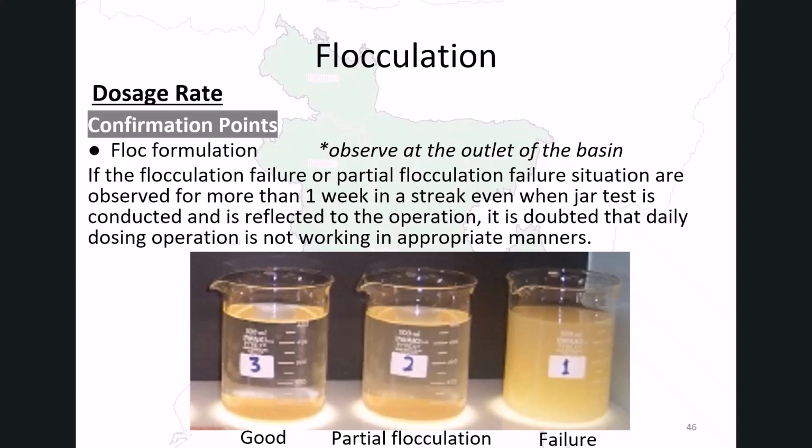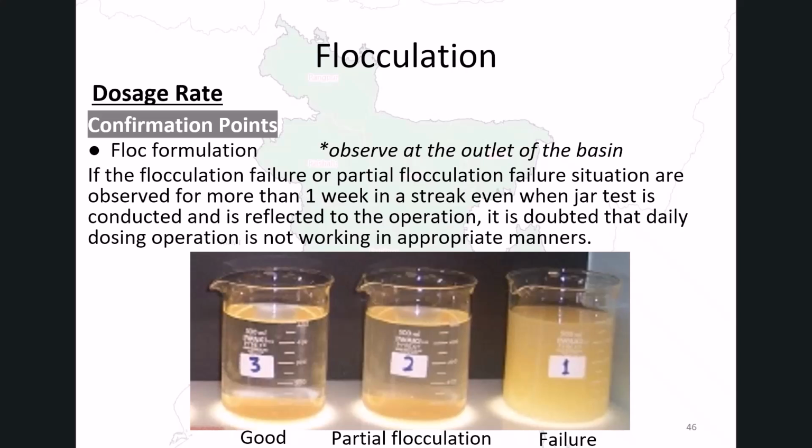If flocculation failure or partial flocculation failure is observed for more than 1 week in a streak, even when the jar test is conducted and reflected in the operation, it is doubted that the daily dosing operation is not working in an appropriate manner. The jar test confirms the appropriate dosage on a very small scale for an experiment, though the details of the jar test procedure are not included in this video as it is the work of the plant operator of Poshwa, since this video is targeting the DPHE officers.